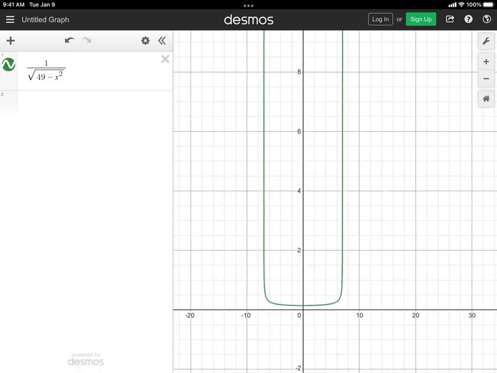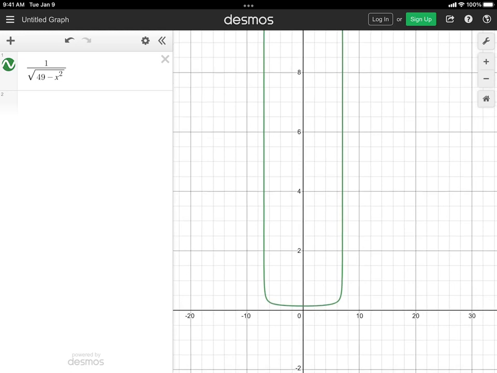So this is a little bit tricky, because if you go on Desmos and try to move to the left, it stops when it gets close to -7. It just kind of disappears if you try to pan to the left. So it gets super close to -7, but it actually doesn't touch -7.